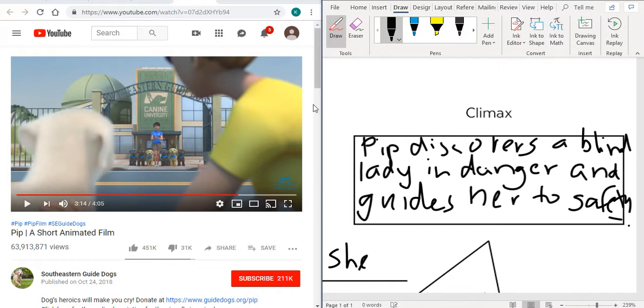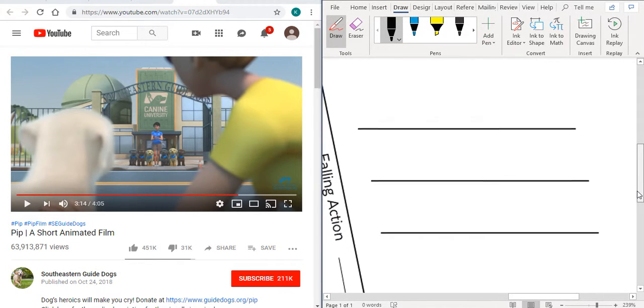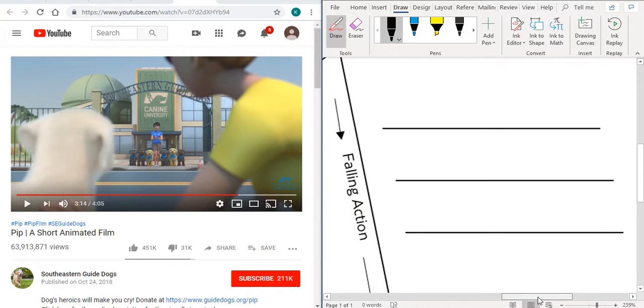We'll stop. Alright, so from now on that's the most exciting part of the story. And so of course then it's starting like the falling action. So what's happening, that's just kind of rounding the story out.